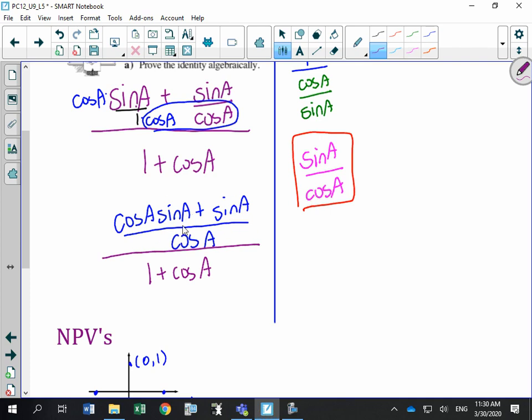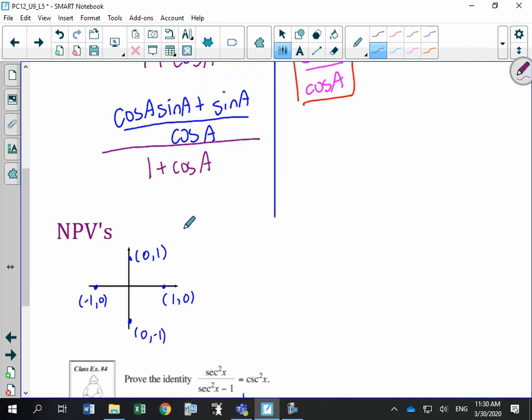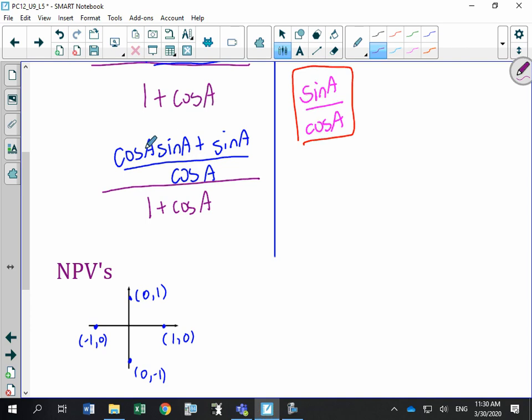So if I just gave you that fraction on its own, and I said, how could you clean this up? What you need to see is that the sine of A and the sine of A could be factored out, right? I could divide out a sine of A here and a sine of A here.